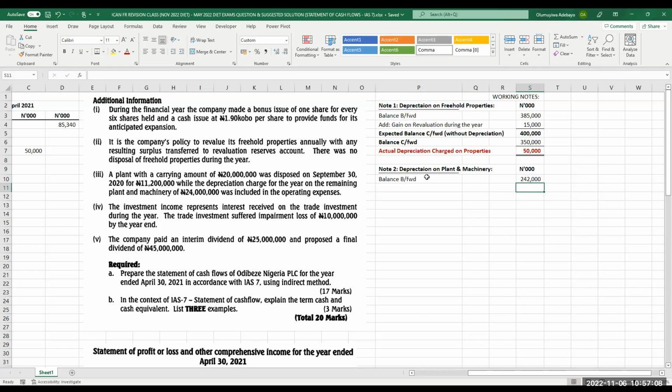There's no revaluation. Okay, but we have information with respect to disposal.